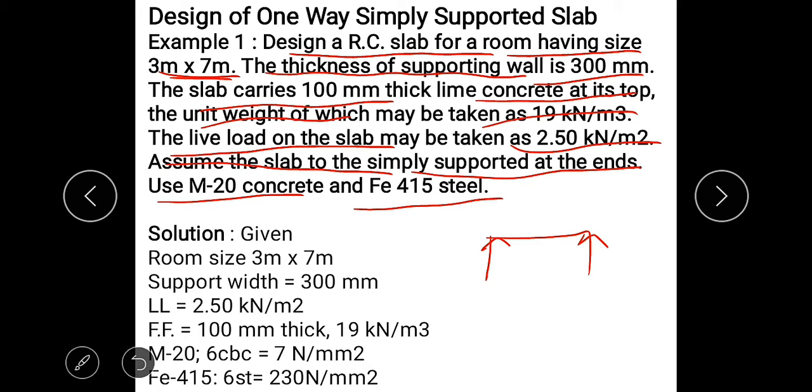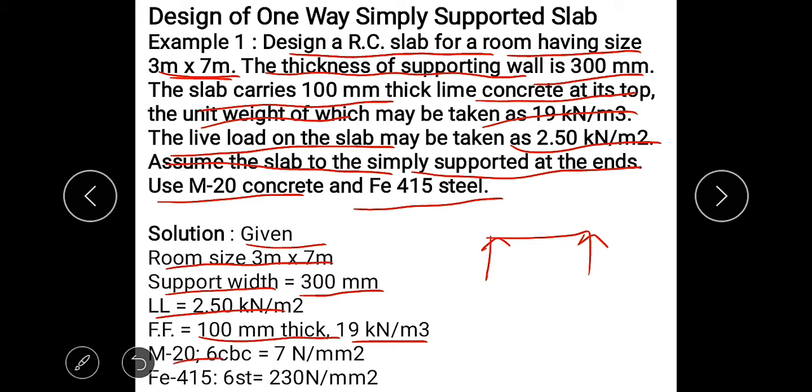So the given data is: room size 3 meter by 7 meter, supported wall thickness 300 mm, live load 2.50 kilonewton per meter square, floor finish 100 mm thickness over the slab with 19 kilonewton per meter cube unit weight of lime concrete.